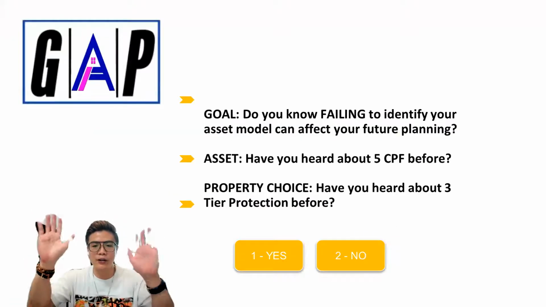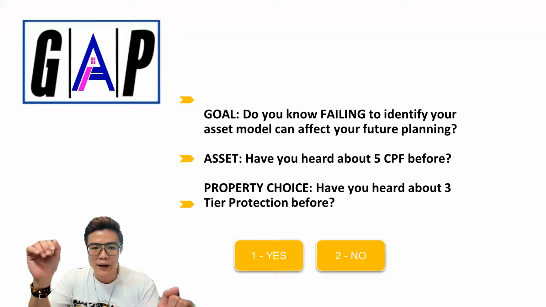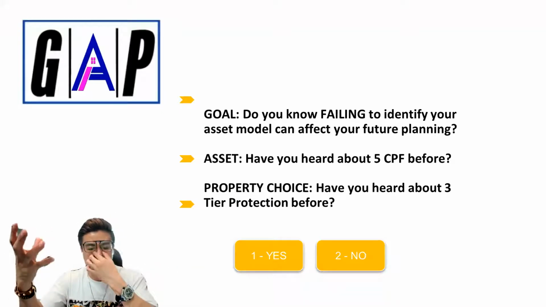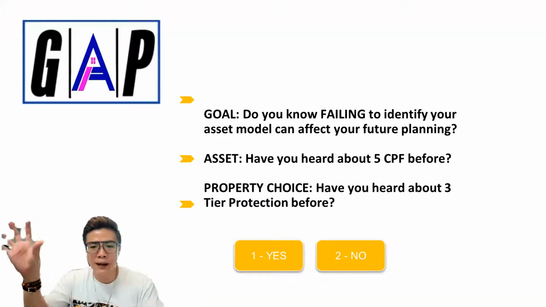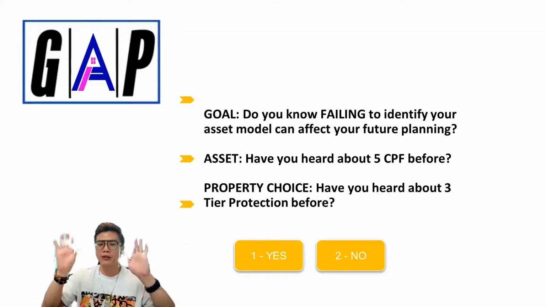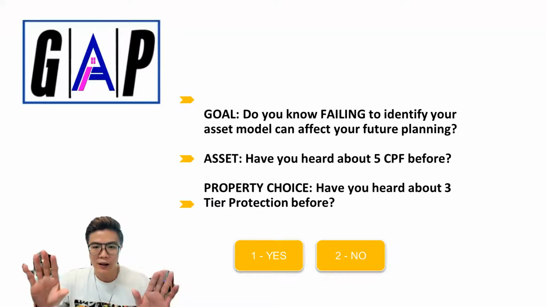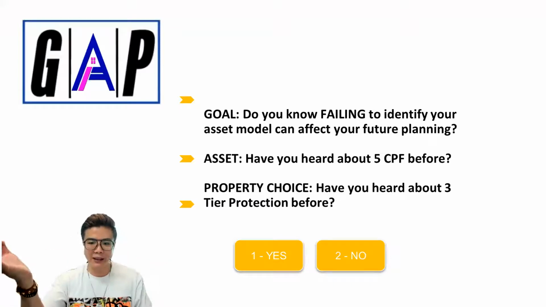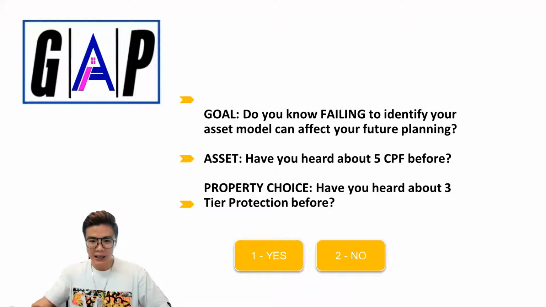And as of now, I just want to show of hands, how much do you all understand about this gap method? And for the goal part, how many of you all know that if you fail to identify your asset model, it can affect your future planning? And for you all who are on the webinar right now, have you heard about this 5 CPF method and this three-tier protection? Maybe let me know, if you have heard about all this, let me know yes.